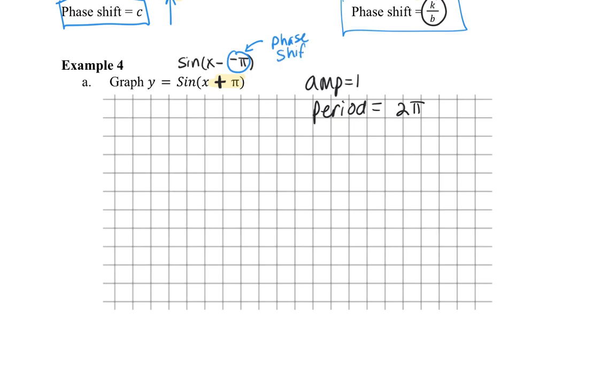What that means is my original sine graph has shifted left, because it's negative, by pi. So we can look at our original sine curve, that would be y equals sine of x, and we can just pick that up and move it left by pi units.